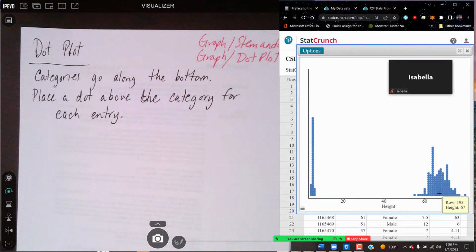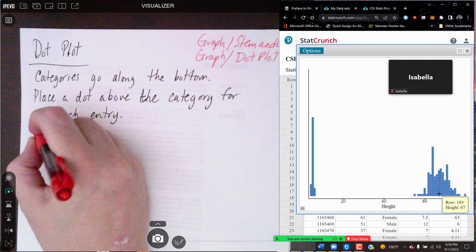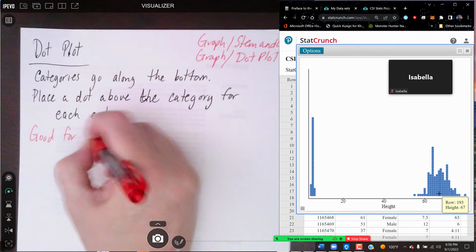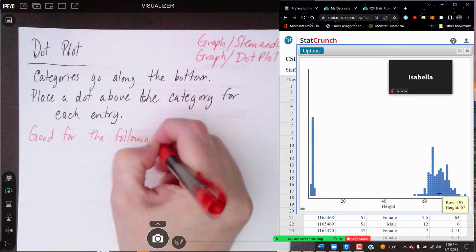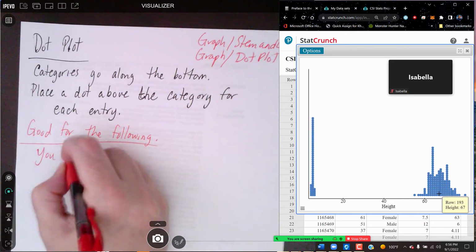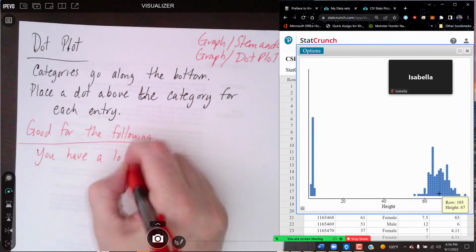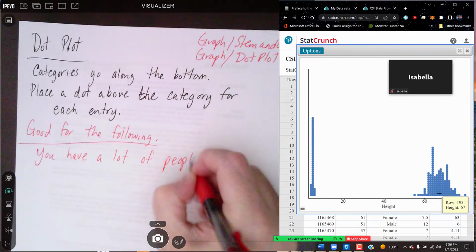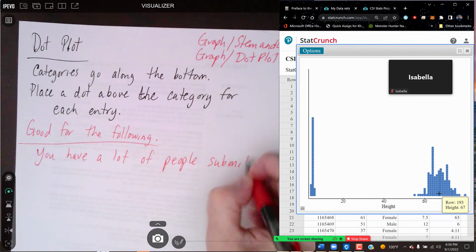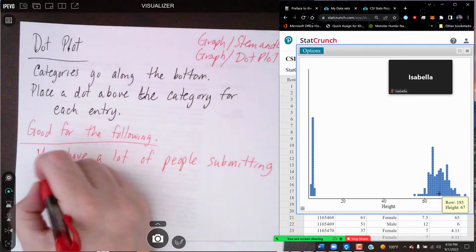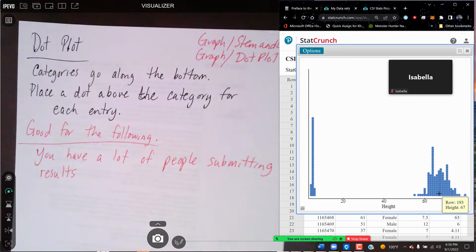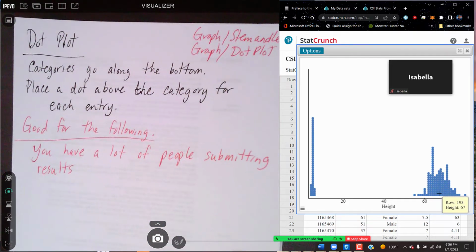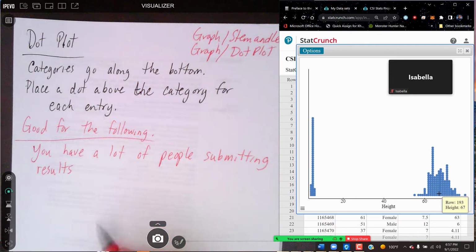Where the dot plot comes in handy is when you have a lot of people submitting entries. Rather than sitting there and going, all right, Caprice, give me your 5 numbers and writing them all down, you could tell everybody, go up and put a dot above your numbers.